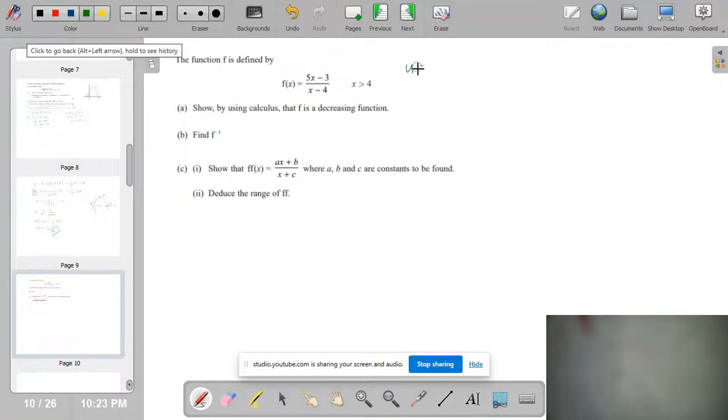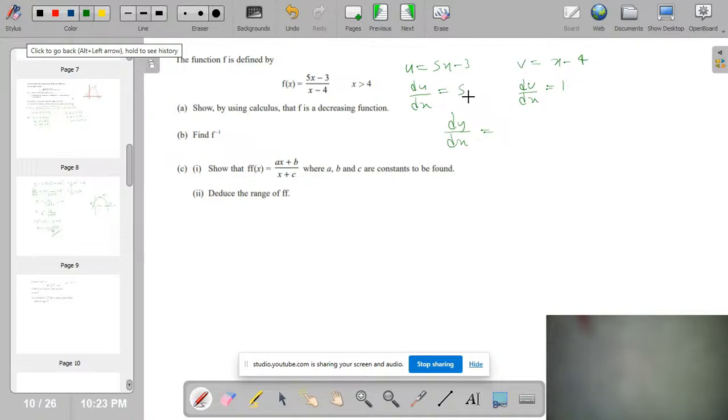u is equal to 5x minus 3. v is equal to x minus 4. Differentiate each of them separately. 5x becomes 5. x becomes 1. And if you remember the quotient rule, you can apply the answer directly. That is, we have to start from v.